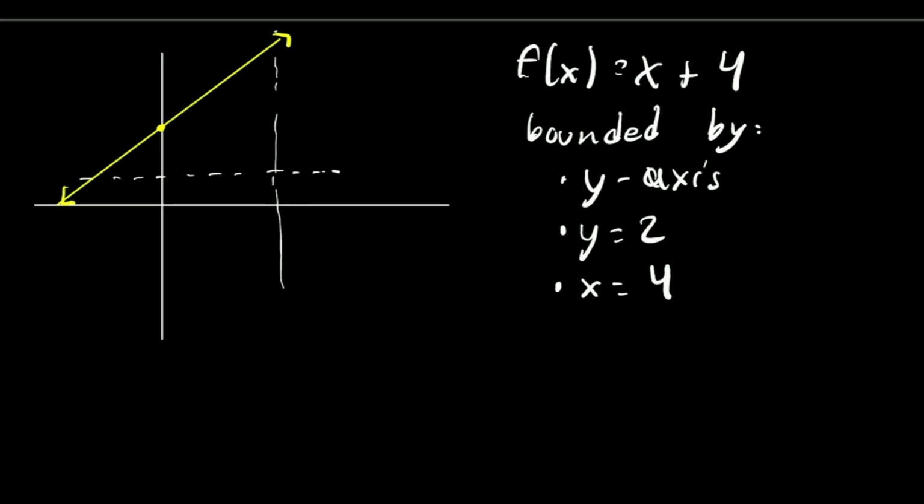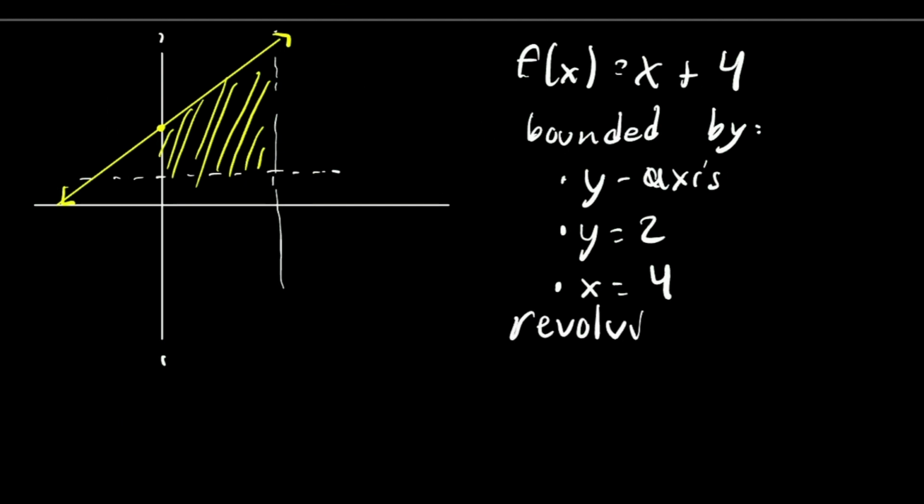Y-axis, which is just there. And now we have our region, which is this. And we're revolving it about the x-axis. So here I'd encourage you to pause it and make sure that you know how to do this stuff. But I'll do it right now.